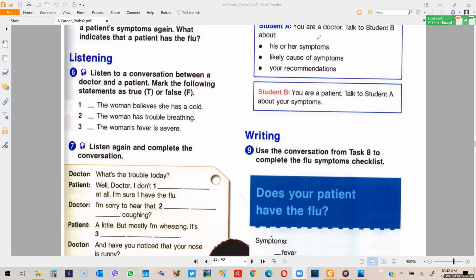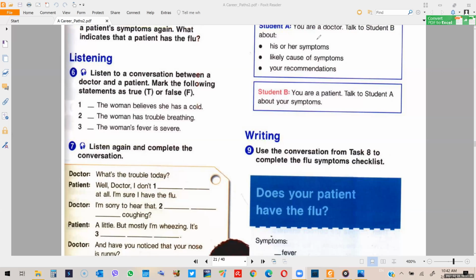These are some of the issues we talk about, we say, the symptoms of diseases. So if you say, does your patient have the flu? That means fever, muscle aches, wheezing, coughing, runny nose, and other issues.